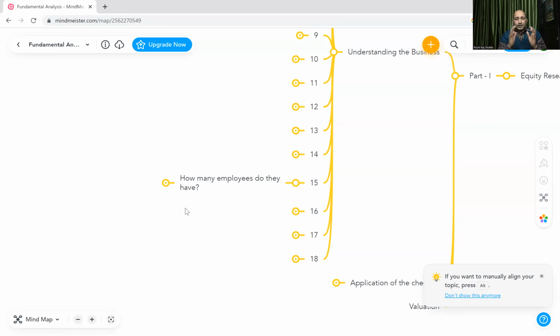If the business is labor intensive, this can be an impediment to that company. Or maybe if their plants or factories are located in such a location where manpower can be easily managed and they can get manpower easily, then it can be a boon also. So we have to see how many employees they have, where their plant is, and how they are managing their manpower base.